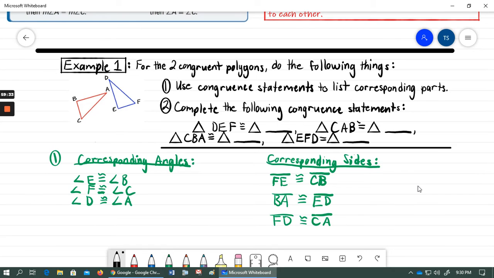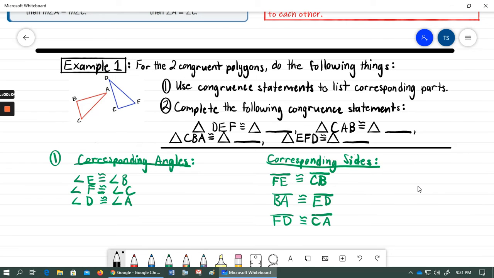Congruent statements. Wow, this is just so sloppy, but it's all good. All right, so triangle DEF is congruent to triangle blank. Now, all of these statements technically say the same thing, that these two triangles are congruent to each other. But guys, the order that you have these particular vertices in matters.